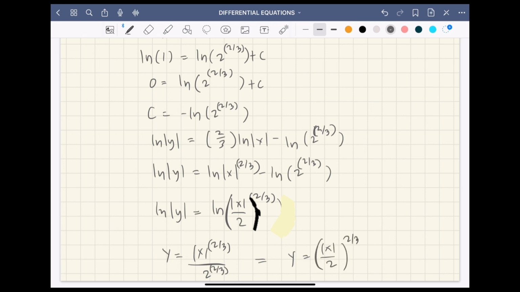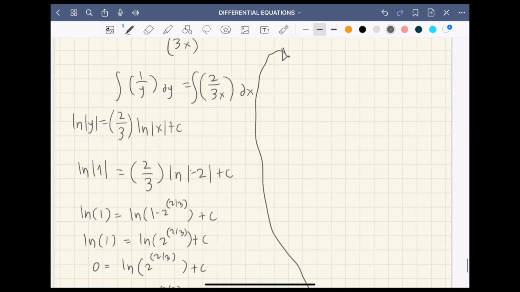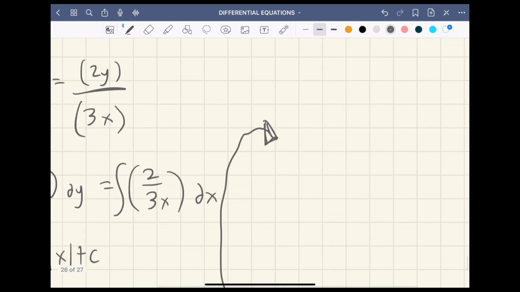Since we are given that y equals 1 when x is negative 2, we can use this to determine the sign of y.